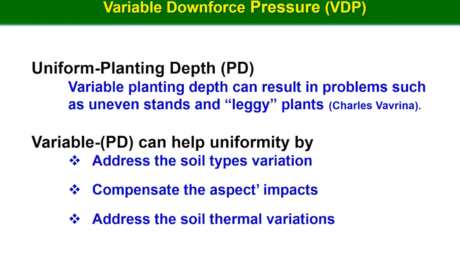So for that reason, we were talking about variable downforce pressure. But the newer system, which no one has designed yet, is variable planting depth. We will design a machine to change the depth based on the needs, to address the aspect impacts and the soil thermal variations.